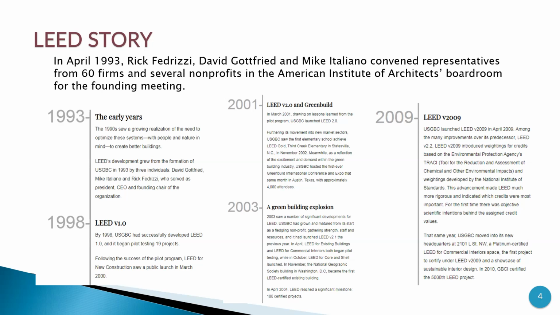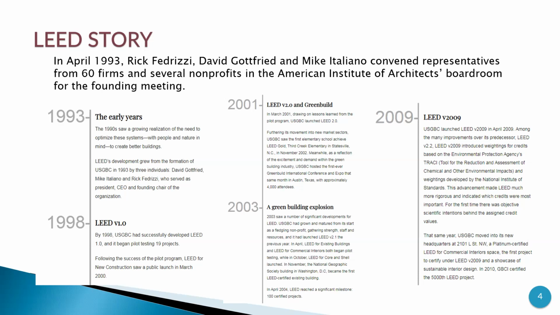LEED version 1 came into existence in 1998. In 2001, version 2 came in immediately with very short notice. In 2003, LEED version 2.1 came into existence. From here they started upgrading to a proper classification of it.